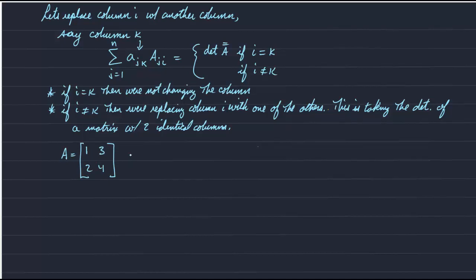And let's take our determinant by setting I is equal to 2. So I is equal to 2 there. And if k is equal to 2 here, then the above is simply the determinant of the matrix 1, 3, 2, and 4.